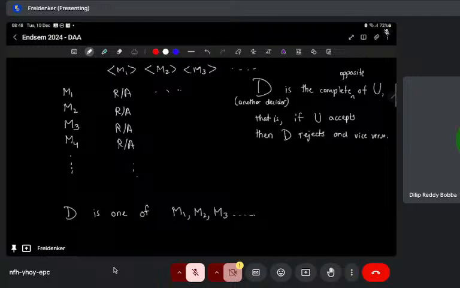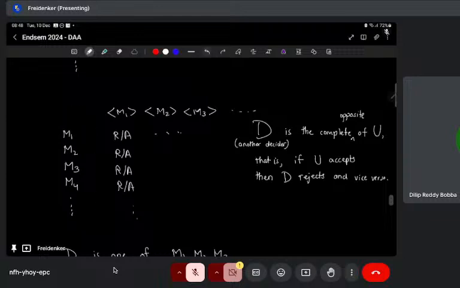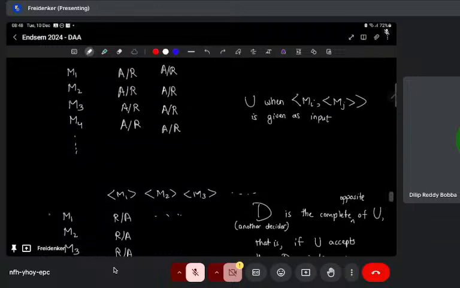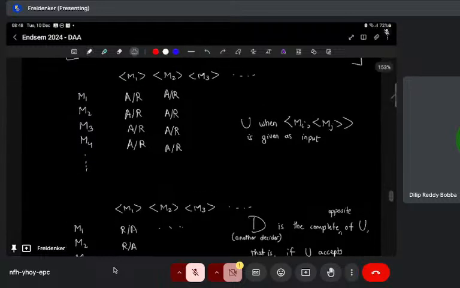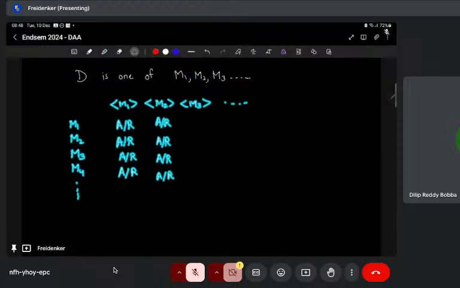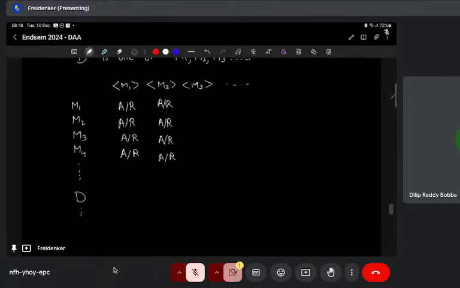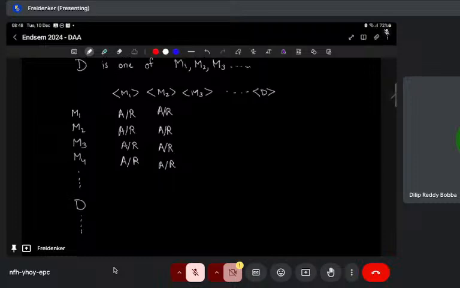So D will appear somewhere over here, and it will appear here as well as here. So D is going to be somewhere here, and similarly its description is going to be somewhere over here.